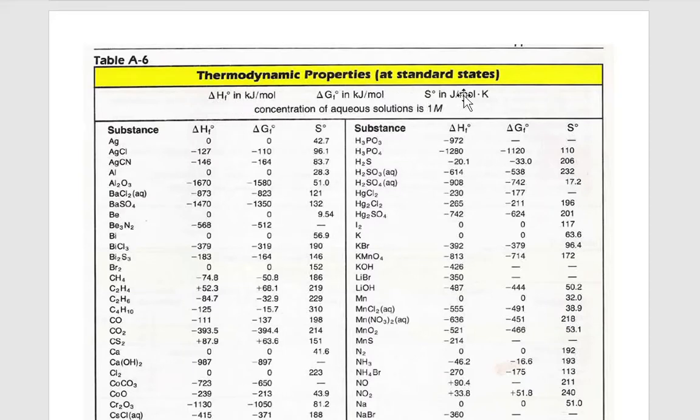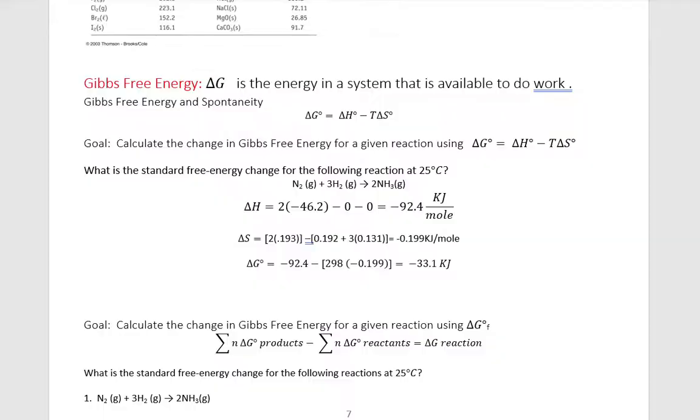So I'm going to convert my entropy value of 193 joules to kilojoules, and when I do that, I end up with 0.193 kilojoules. And so for that to make more sense, I really should put a 0 in front of that so that we can see that that's what that is.